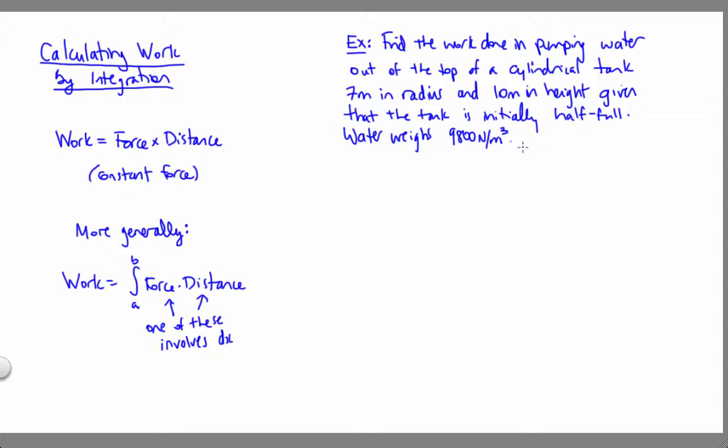Here's an example. Find the work done in pumping water out of the top of a cylindrical tank 7 meters in radius and 10 meters in height, given that the tank is initially half full. Water weighs 9,800 newtons per cubic meter. Let's start by drawing a sketch. We've got a cylindrical tank. Let's put its dimensions on there.